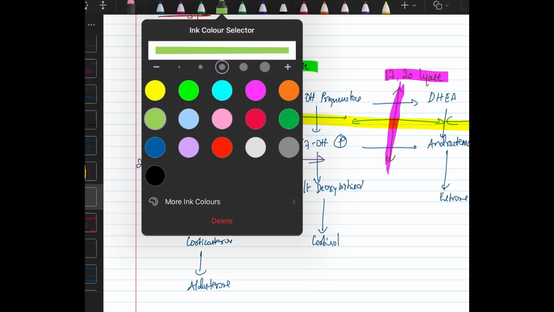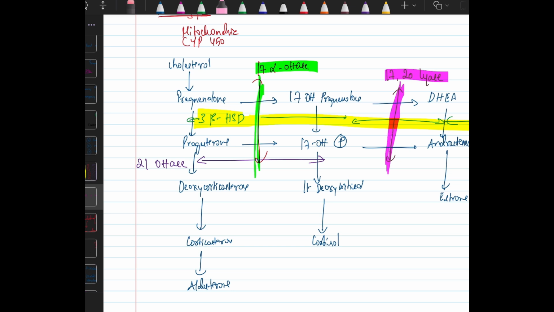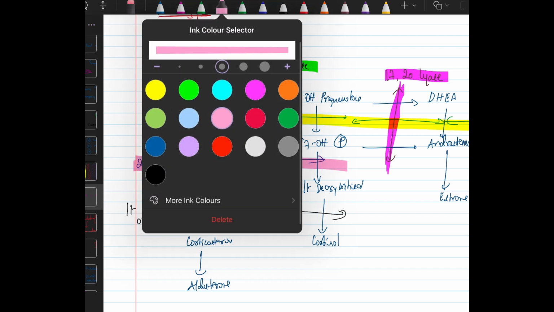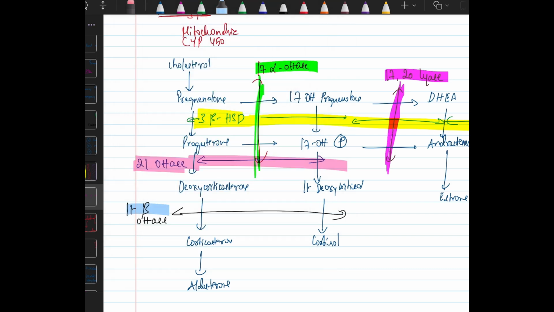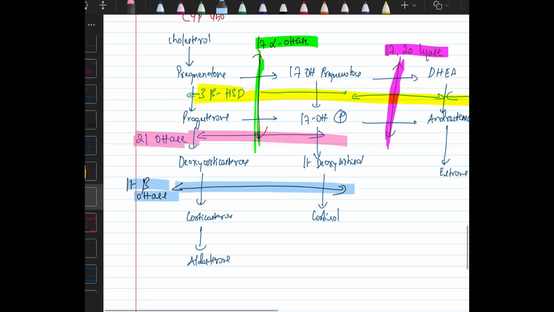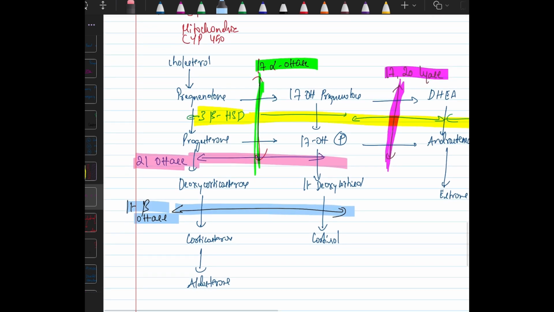I'm going to highlight it, 21 hydroxylase, and the last one is your 11 beta hydroxylase. Just try to remember these enzymes because it's very necessary when we discuss developmental sexual disorders. Okay, this is in brief.